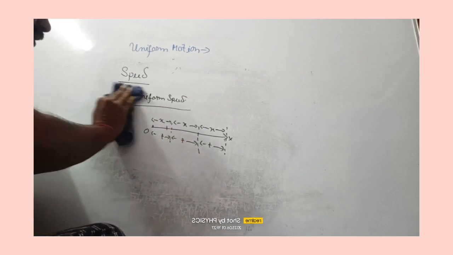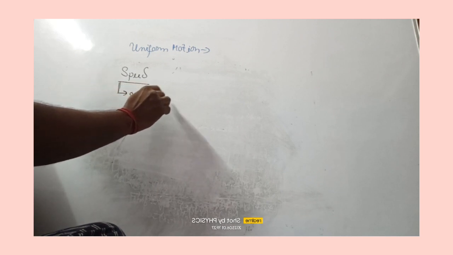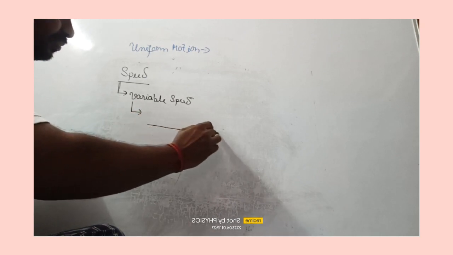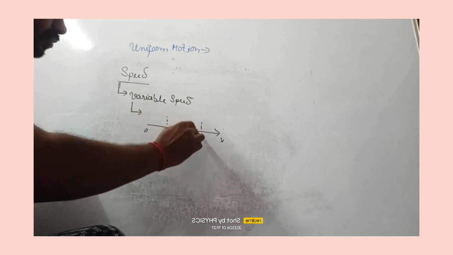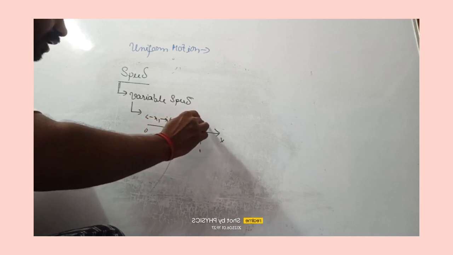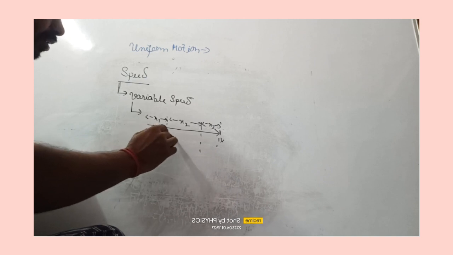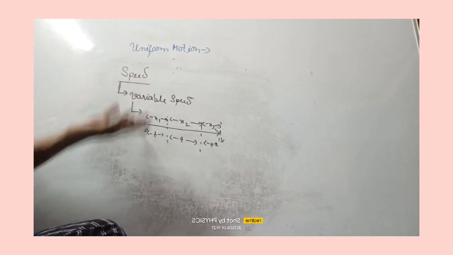Now what is the variable speed? Second topic is variable speed. What does it mean? For the variable speed, unequal distances x1, x2 and x3 in equal time intervals is variable speed.